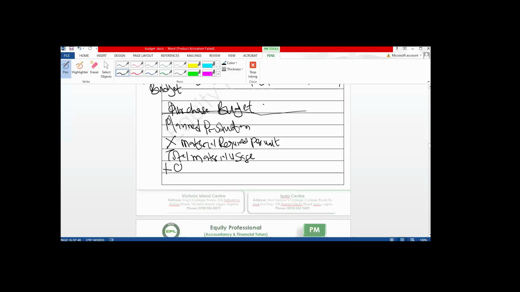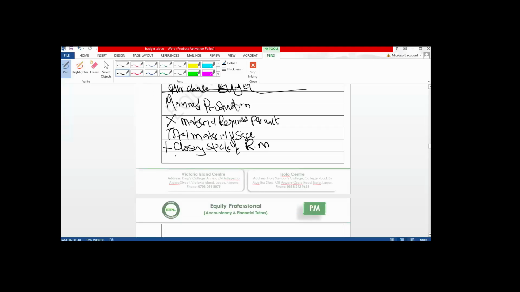Plus closing stock of raw material, minus opening stock of raw material.